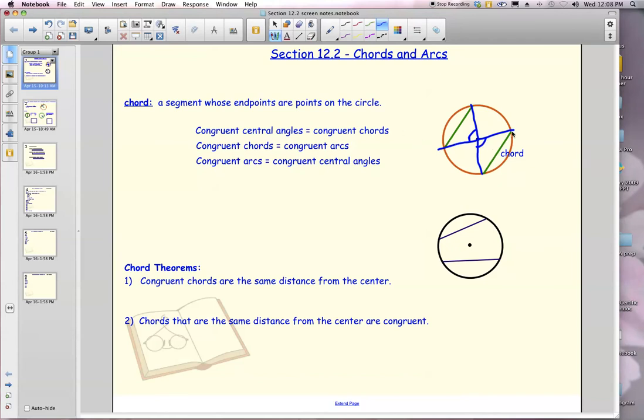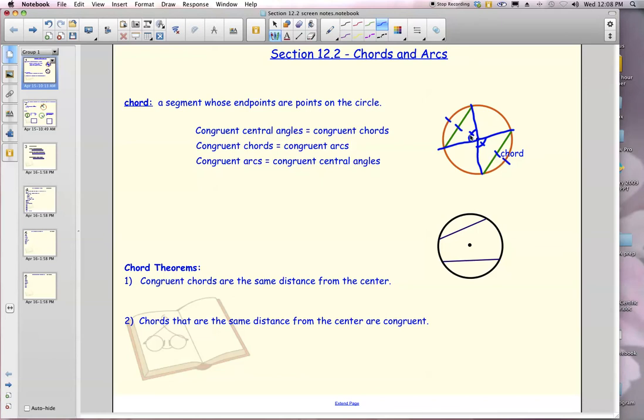So if you draw the central angles that make up those chords, those two angles will be equal to each other. Since the angles are equal to each other, the arcs are also equal to each other. So not only are the angles equal to each other, the chords would be equal to each other, and the arcs would be equal to each other.